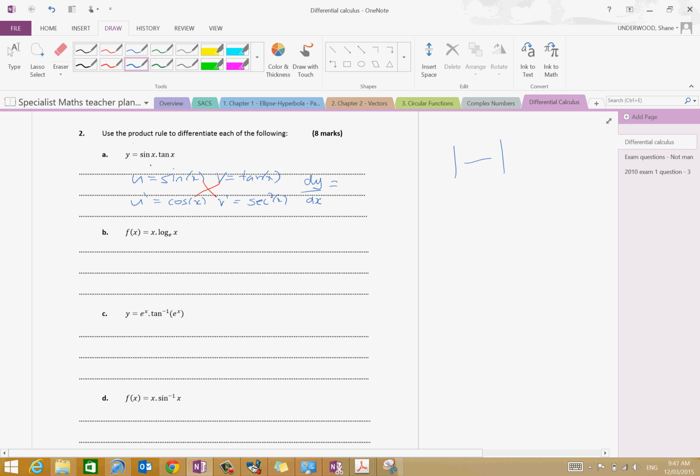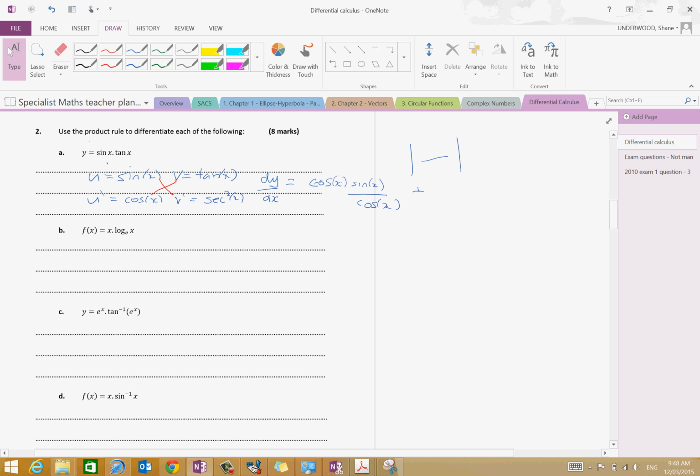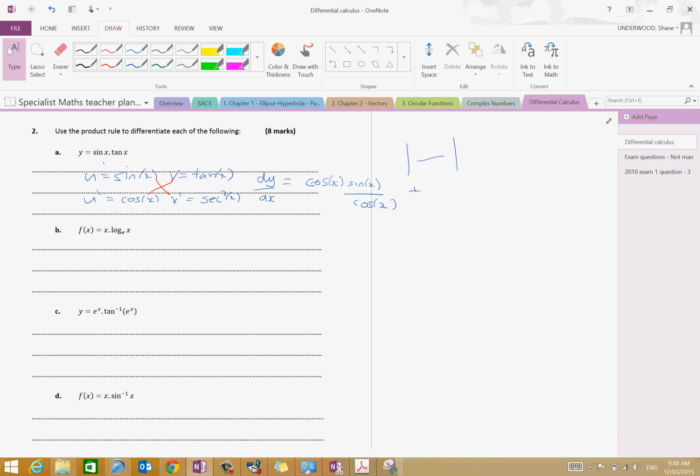So dy dx is equal to tan of x times cos of x, which is cos of x times sine of x over cos of x, which is sine of x over cos of x, plus sine of x times sine of x over cos squared of x.